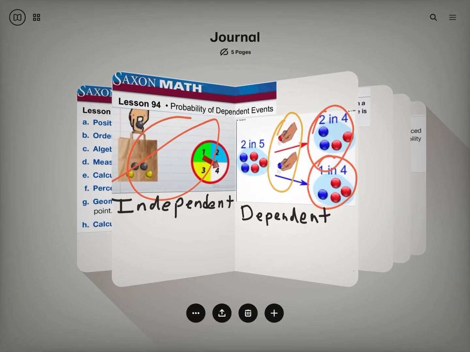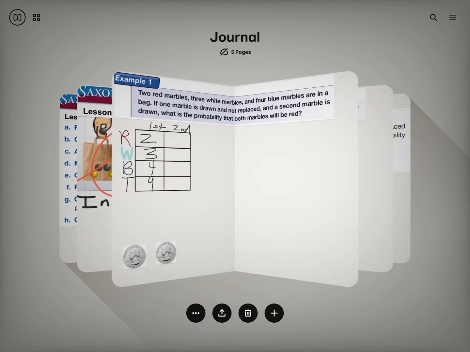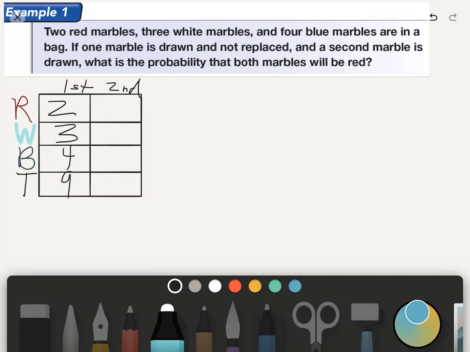So let's see how that looks in our examples. And I already did a little bit of diagramming for this one. So, example 1, 2 red marbles, 3 white marbles, and 4 blue marbles are in a bag. So I put that over here.